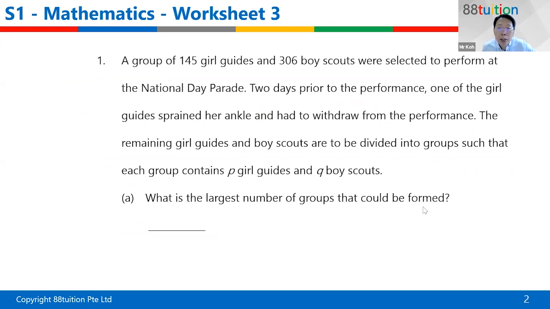First one, which is very easy, A: what is the largest number of groups that could be formed? Oh, not printed out the question. Okay, so you can read the question. I give you 2 minutes to try doing this question.